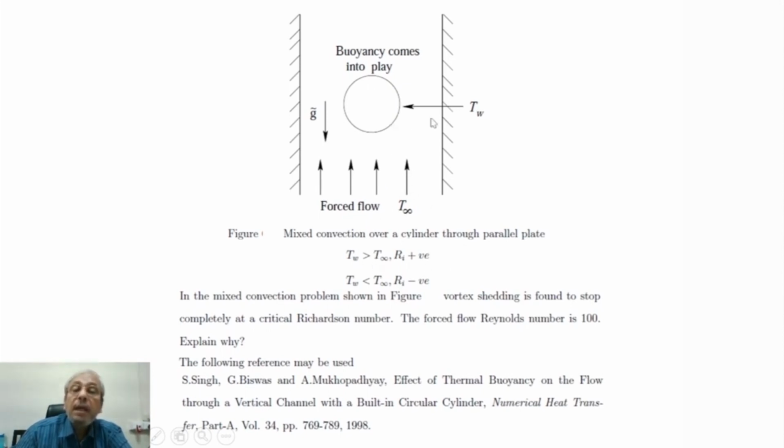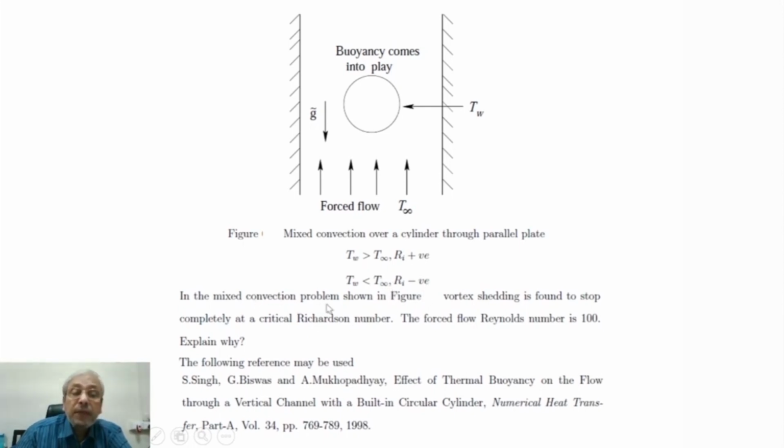When the temperature of the cylinder is greater than the temperature of the flowing fluid, the Richardson number is positive. And when the temperature of the cylinder is less than the temperature of the flowing fluid, the Richardson number is negative.